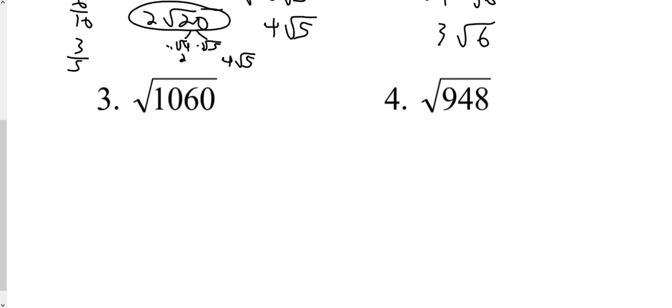1020 divided by 121. Probably not. Nope. 1020 divided by 100? No, that's 10.2. 1020 divided by 81. Nope. 1020 divided by 64. And you're just doing the work. Decimal, really close to 16. 1020 divided by 49. And you just keep going. 36.